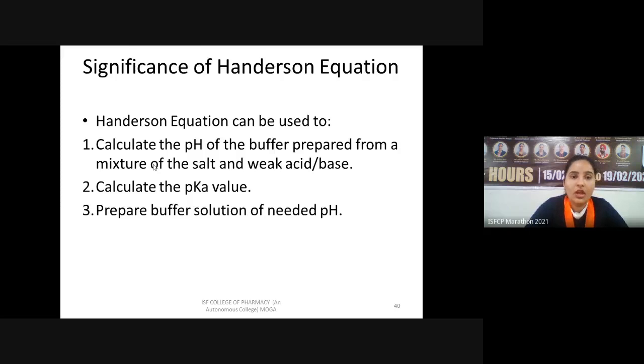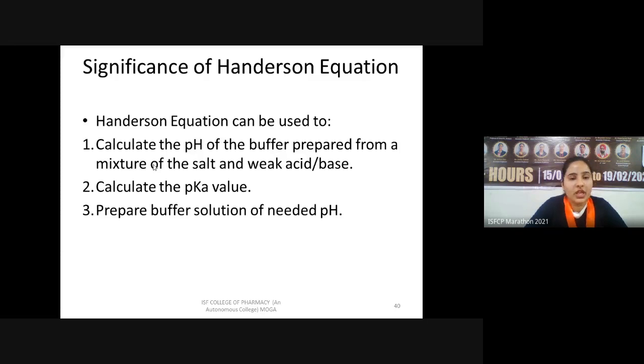Now, what is the significance of using the Henderson equation here? It can be used to calculate the pH of a buffer prepared from a mixture of salt and a weak acid or base. So if we know the concentration of the salt and that of the weak acid or base, we can find out the pH of the buffer.